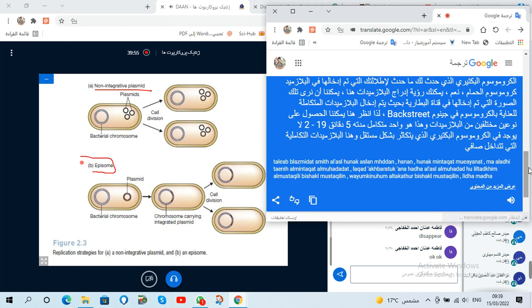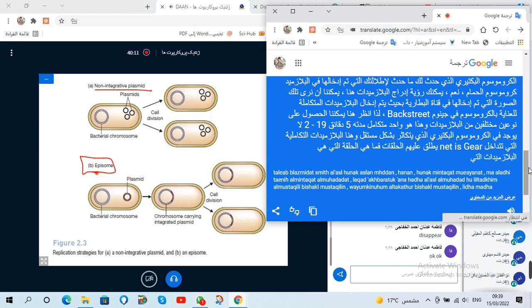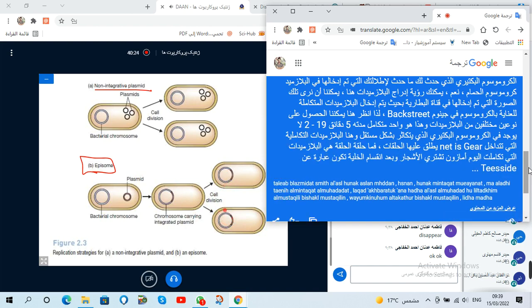We call them episomes. So, what is episome? Episome is the plasmid which is integrated into the bacterial chromosome. And after the cell division, it's amplified by the bacterial genome.